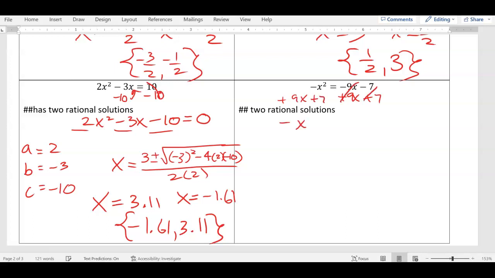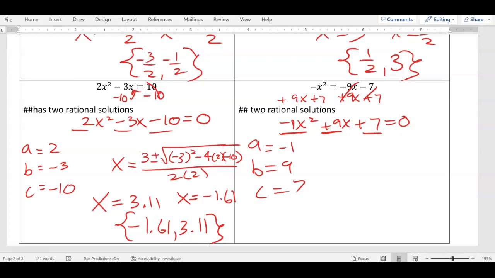So I have negative x squared plus 9x plus 7 equals 0. All right. A, B, and C. If A has negative nothing, that means negative 1. So A is negative 1, B is 9, and then C is 7.